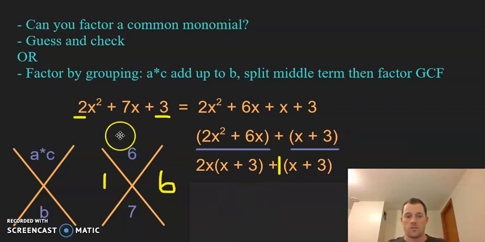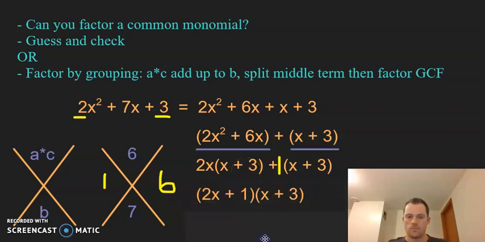Because our two factors now of this trinomial are going to be the outside terms, 2x plus 1, and then what we see on the inside of both of these. But we're only going to write it once. So we got 2x plus 1 on the outside, that's one factor, times x plus 3, which is on the inside.